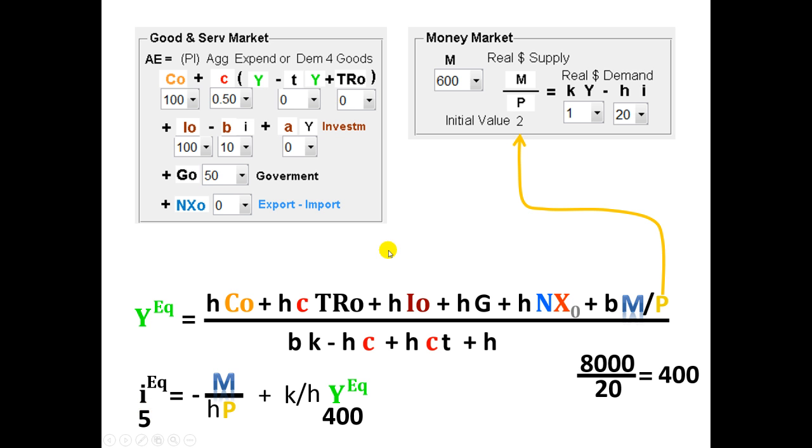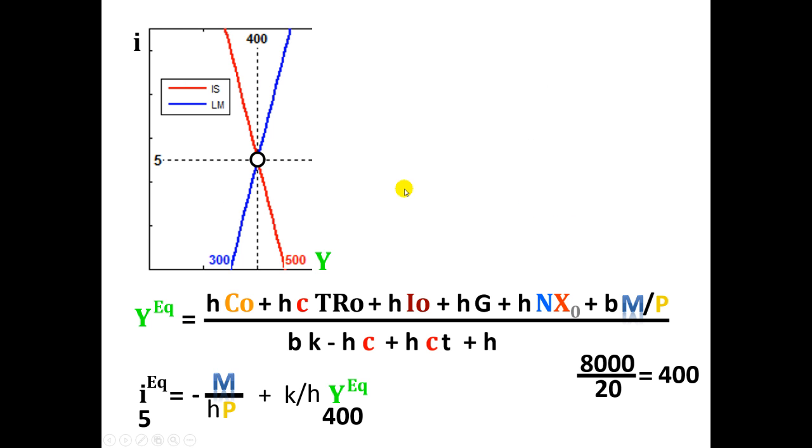So here you are using a very important assumption, which is that the price level doesn't change and initially has the value 2. Without this assumption, it would have been impossible to find these two numbers in the model that we have been studying up to now. So the conclusion of the first part is that with this information we get income in equilibrium, which is 400, and interest rate in equilibrium, which is 5.